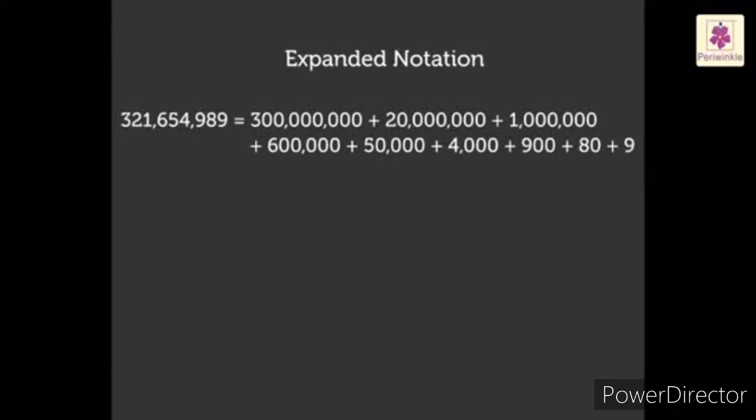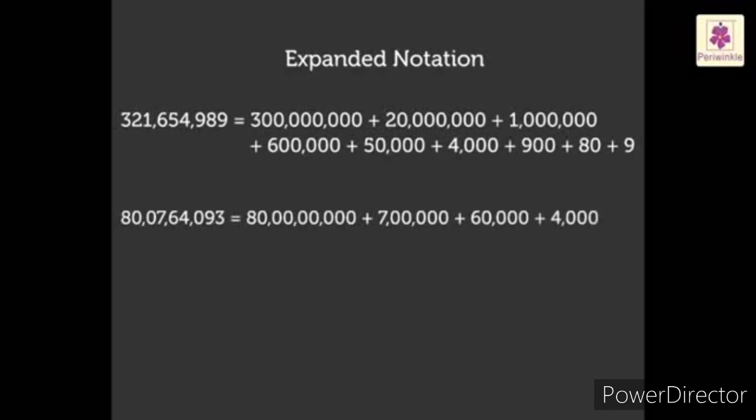The next is a tricky one. 80 crore 7 lakh 64,093. We write it in expanded notation as 80 crore plus 7 lakh plus 60,000 plus 4,000 plus 90 plus 3.